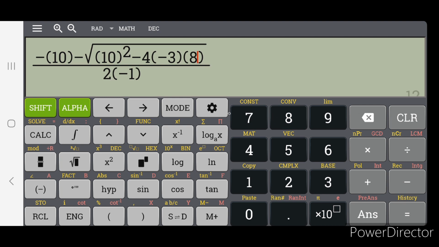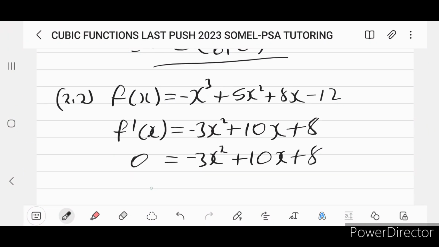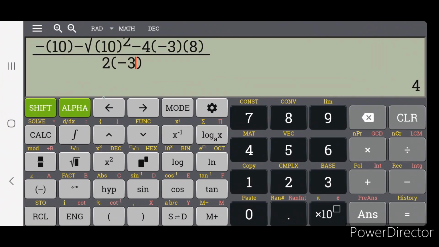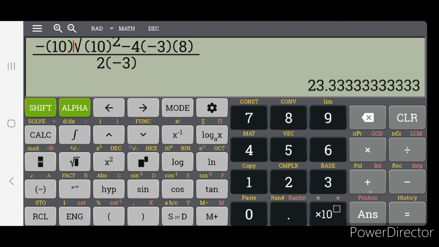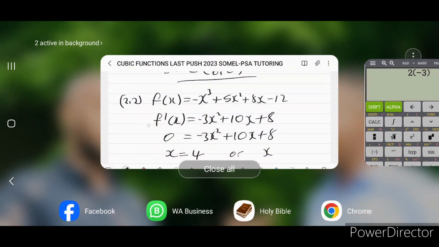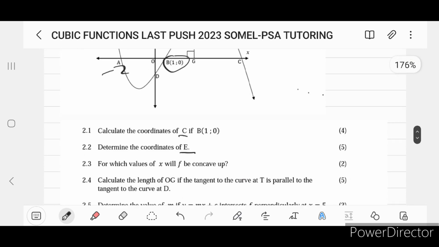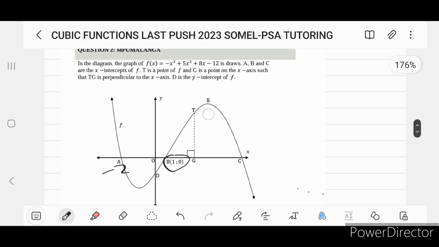So the first x value is x equals 4, or x equals, let's put a plus there, minus 2 over 3. So the one that is equivalent to E is going to be the one of 4, because this is minus 2 over 3.